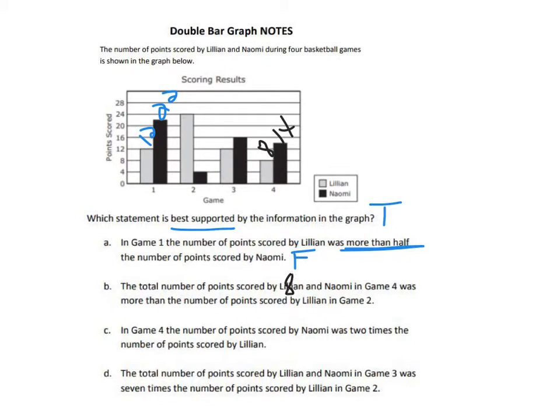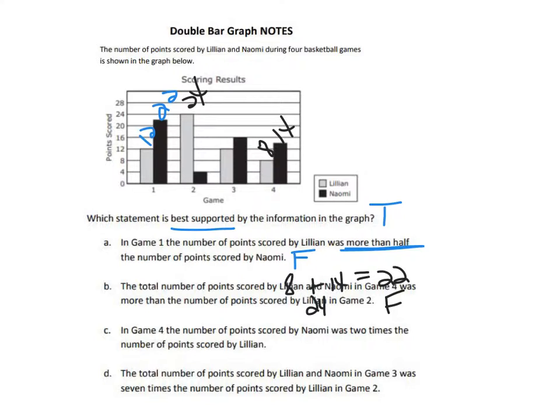So you have 8 plus 14. That's going to give you 22. So that's game 4. In game 2, Lillian scored 24. So is 22 more than 24? No, so then that means that's false.